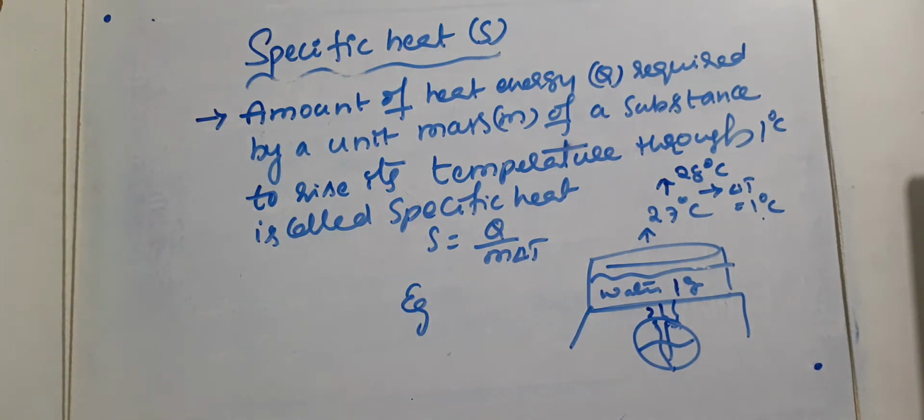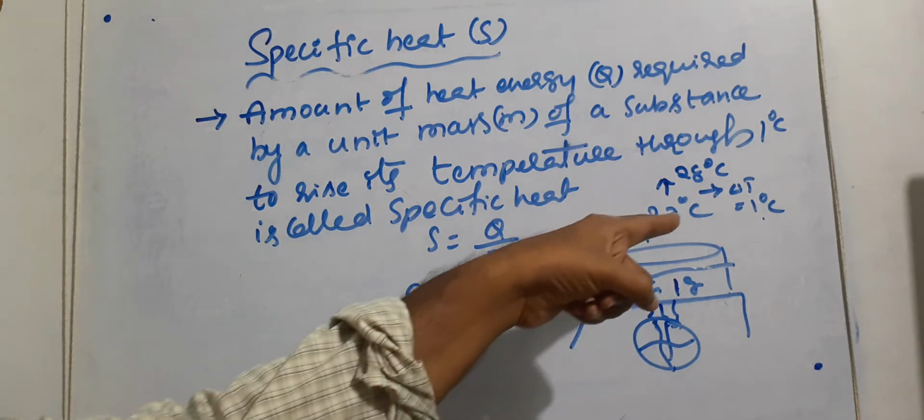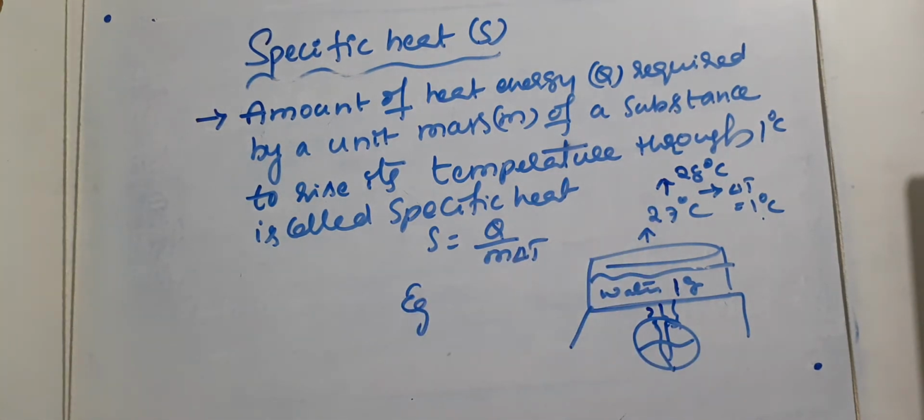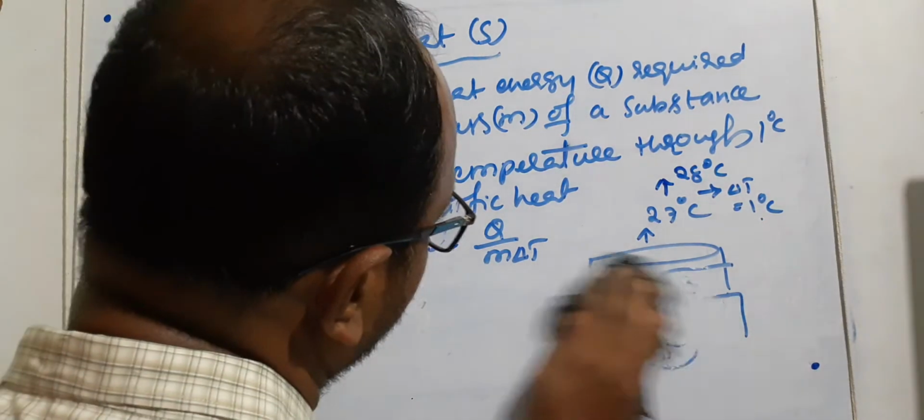Generally, the specific heat of water is 1 calorie per gram degree Celsius. So it means that 1 gram of water requires 1 calorie of heat energy to raise its temperature through 1 degree Celsius. Different materials have different specific heat values. Now some examples of specific heat values of different substances, students.